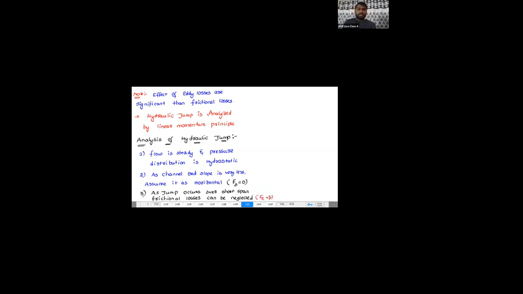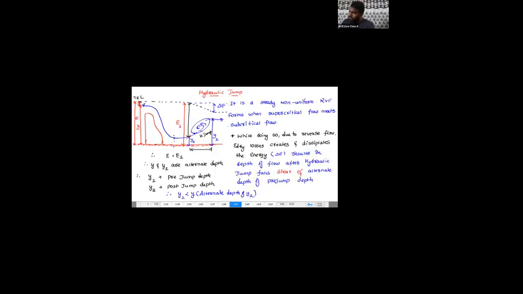So these are the basic assumptions for the analysis of the hydraulic jump. So which principle is going to be used? Linear momentum principle. Now, y2 is less than y1 now. Who said that y2 is less than y1?